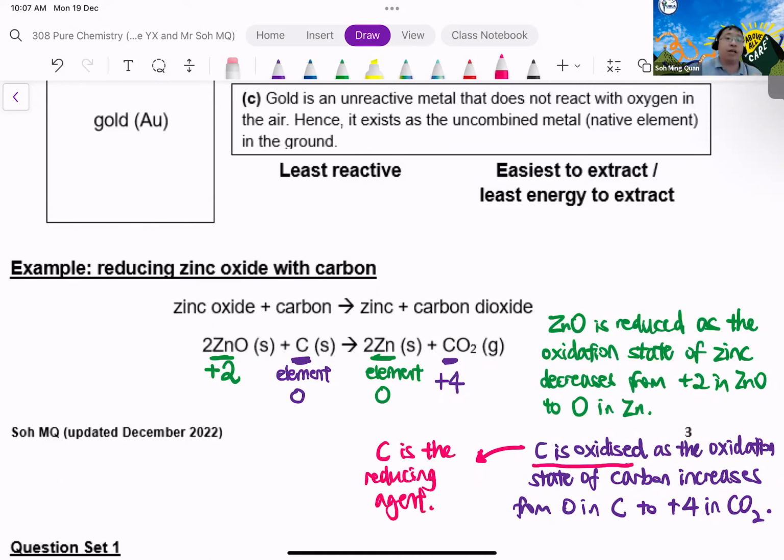How do I know that carbon is the reducing agent? Because carbon is itself oxidized. On the other hand, zinc oxide is the oxidizing agent.